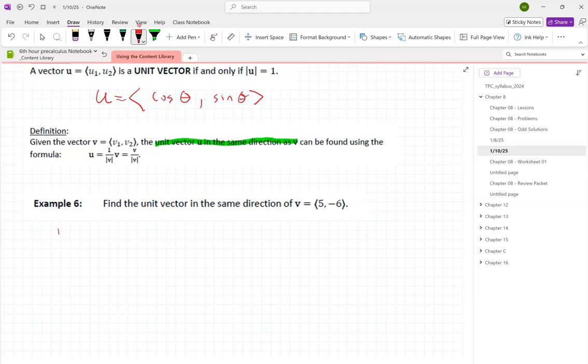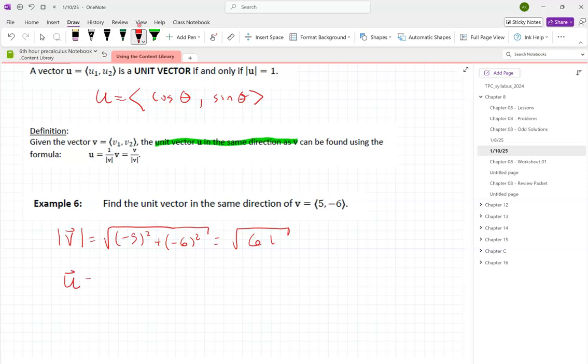The first thing I'm going to do is calculate the magnitude. That's the x component squared plus the y component squared, all square rooted. So 25 plus 36 is 61. So that's the square root of 61.